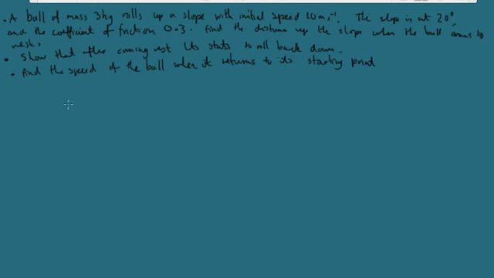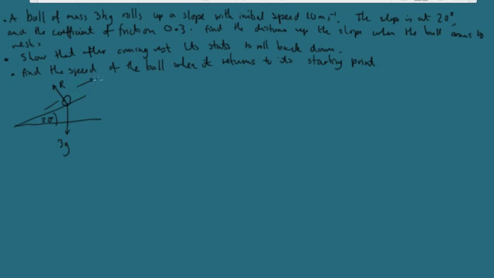So, first part, we draw our diagram. So we've got our slope, and it's at 20 degrees, and we've got our ball, and it's got a mass 3, the weight's 3g, and we have our normal contact force, and then we have it's rolling up the slope.